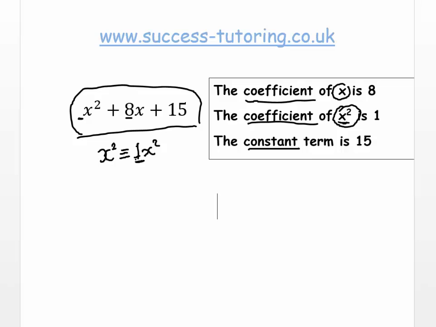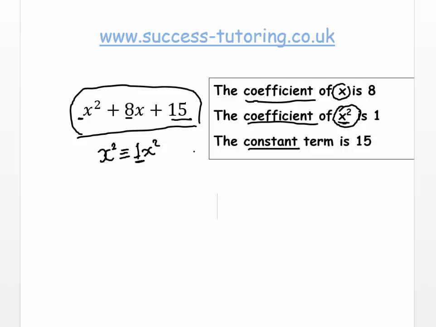In mathematics, we don't need to write the 1 next to an x squared because we already assume that you know it's there. The only time you would put a number next to it is if it's greater than 1, such as 2x squared. The coefficient of x squared would be 2. I'm going to rub this out just not to confuse anyone. And the constant term is this one here, 15.